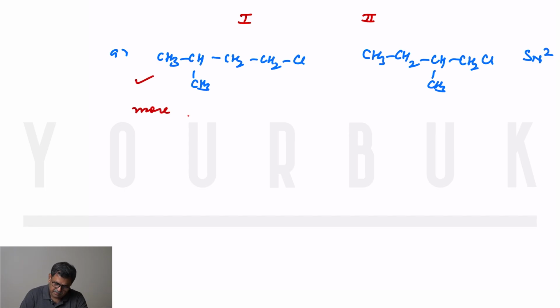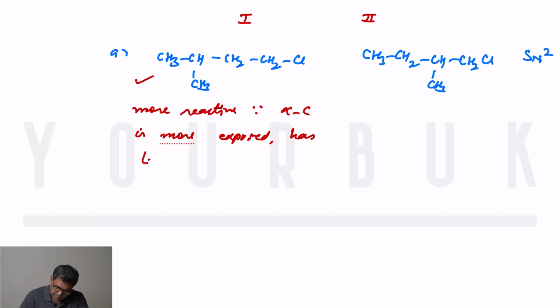Although both are primary, this one is more reactive because the alpha carbon is more exposed, has less crowding. The methyl group branching is there, but the branching is at the gamma carbon. In the other case, the branching is there, but at the beta carbon. So the first one is more reactive.